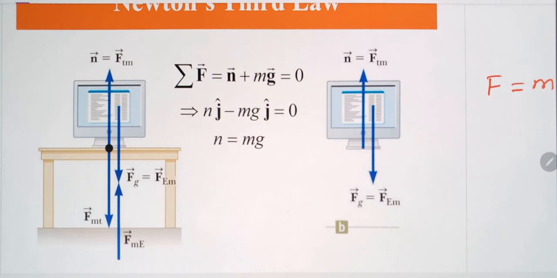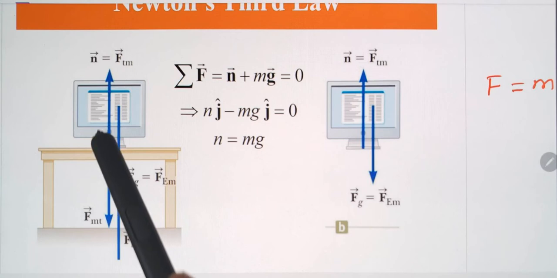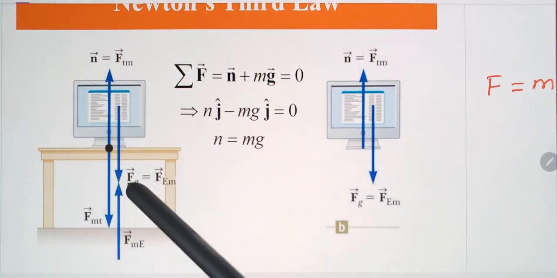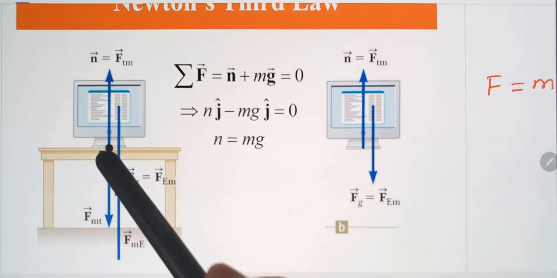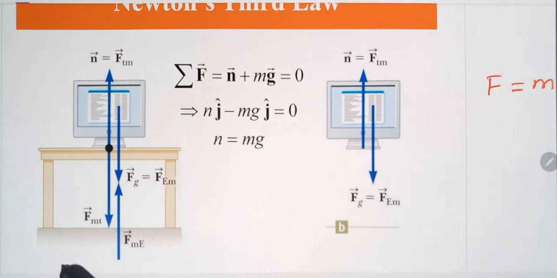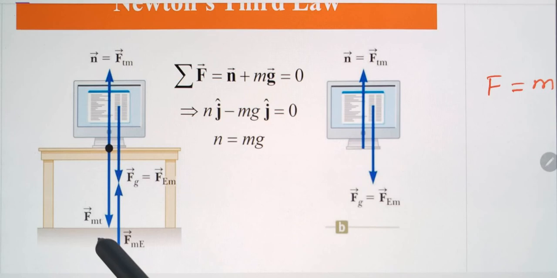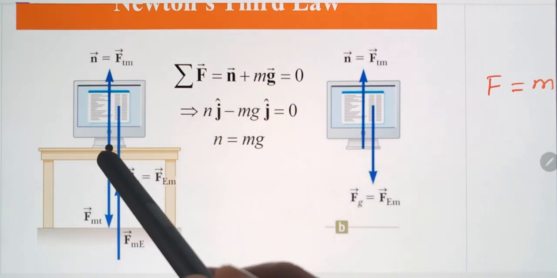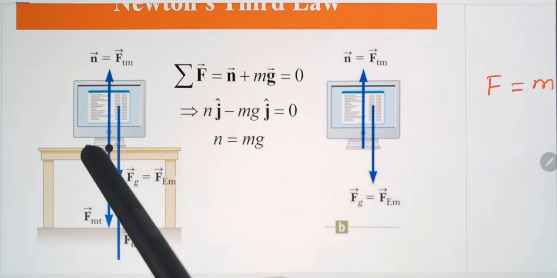Okay. Now let's look at this pair. We said that there is a gravitational force, Fg, and now he called the force F monitor on the table. It is the force of the monitor on the table due to gravitational force. And as a result, there will be a reaction force from the table on the monitor.